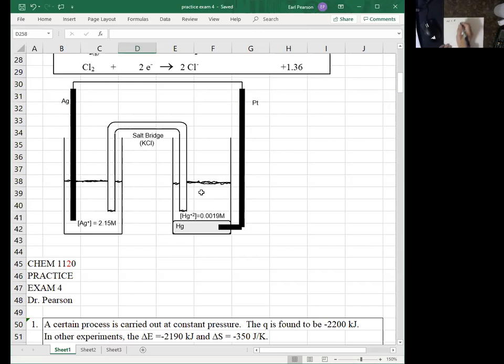I've got that reaction written down 2 or 3 times. Our reaction that generated the positive voltage was 2Ag plus Hg2+ goes to 2Ag+ plus Hg.